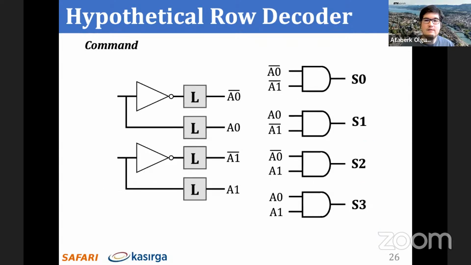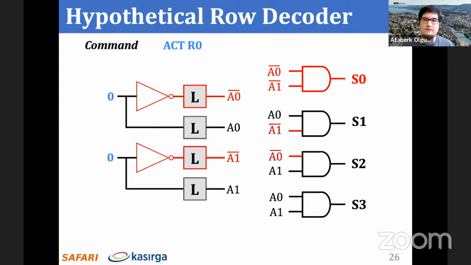We will now see how the activate, precharge, activate command sequence that we use to perform QUAC operations enables all 4 control signals, S0 through S3 in this diagram. We first issue an activate command to row 0, which sets the latches that drive A0 bar and A1 bar. This in turn enables the S0 signal, which is set by the bitwise AND gate that operates on A0 bar and A1 bar.